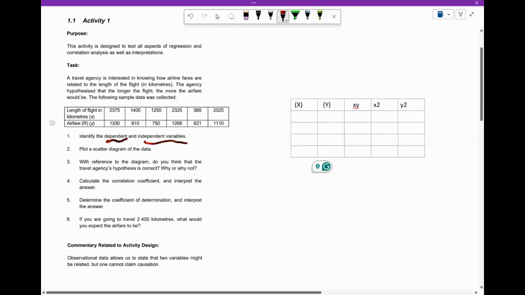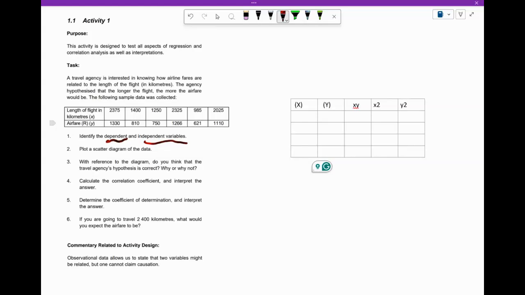Now, when we talk about the independent variable, we're basically saying this independent variable does not perform as a result of the dependent variable. It's actually the dependent variable that is affected by the independent variable.